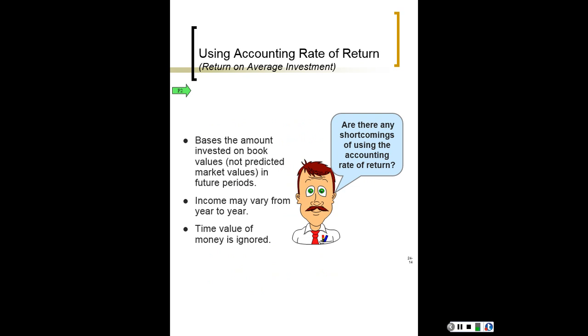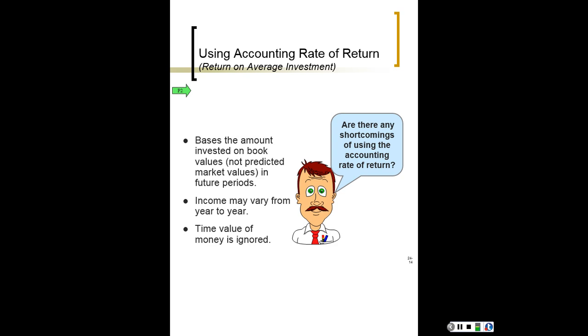Now, just like we had in the other tool, the payback period, the accounting rate of return also has shortcomings. Okay, and so what are the shortcomings or disadvantages of the accounting rate of return? Well, it bases the amount invested on book values. And as we said earlier, what is book value?